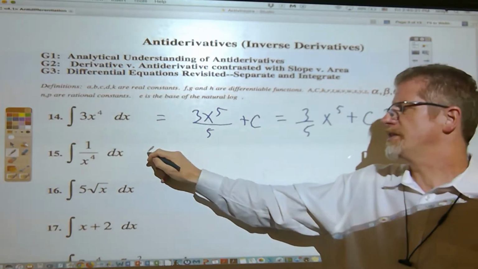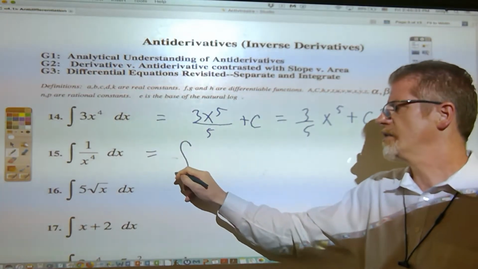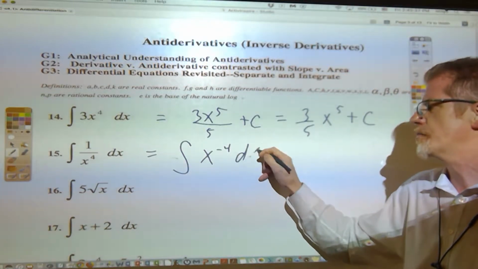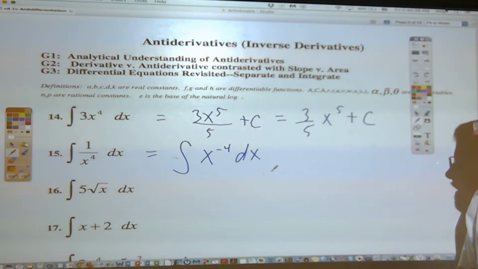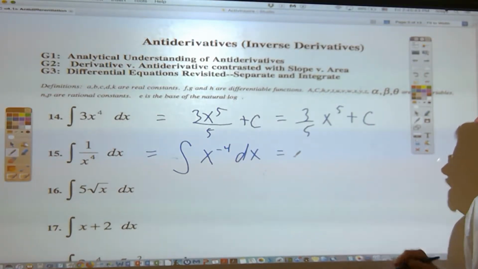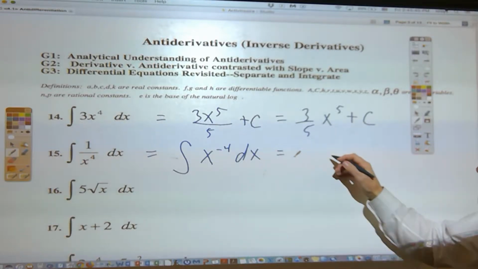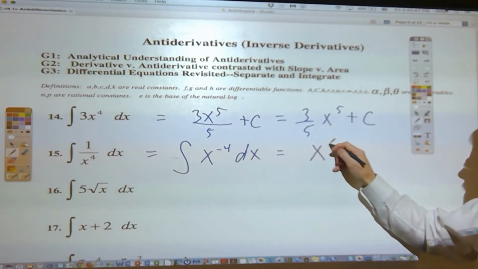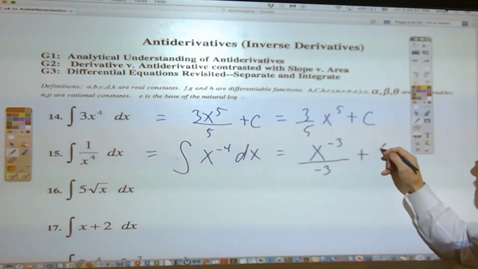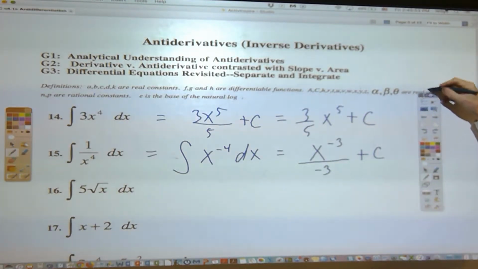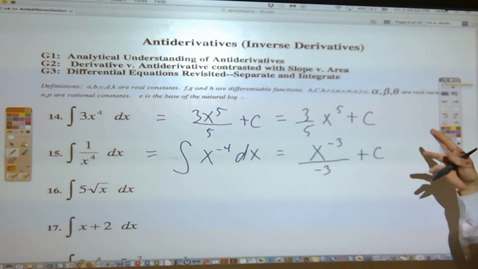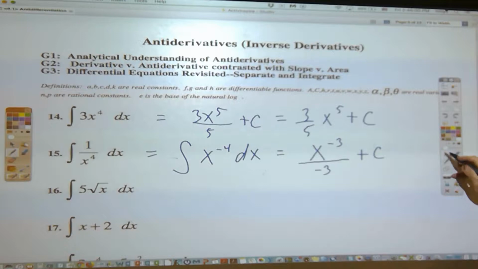But on number 15, before venturing into the calculus, I would recommend that you rewrite the problem as x to the -4th. So now when we follow that narrative, let's conform to the add 1 to the exponent and then divide by the exponent plan. We get this. Now, the answer in the back of the book will probably not look like that exactly.